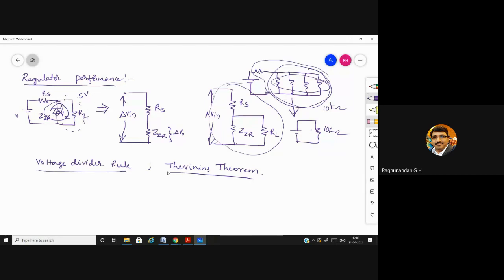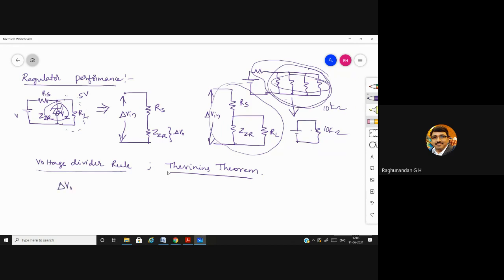So the Zener diode is the main component which is going to maintain the output voltage constant. Even though we get the output across RL, it is just going to follow the Zener diode because of its parallel combination. So that's why we need to consider the Zener diode resistance to find the output voltage.